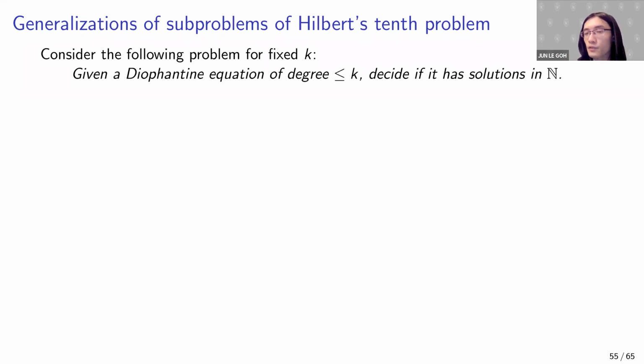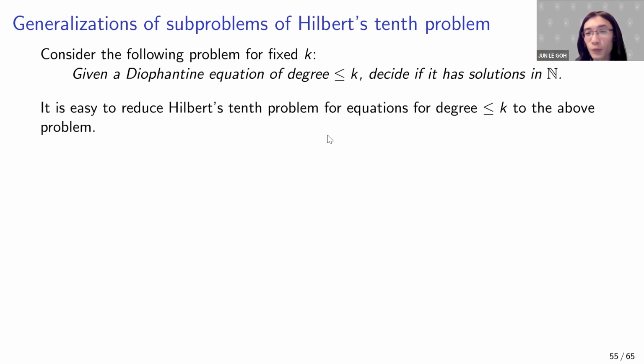And with this kind of transformation, we have to be careful about how it affects the degree. Previously we were just looking at Hilbert's 10 problem in general, so we didn't really care about the degrees of the equations that come out. But here we do care, because now we're restricting the degree.